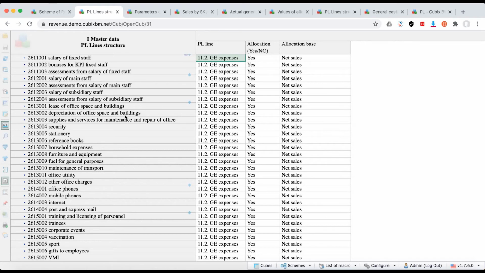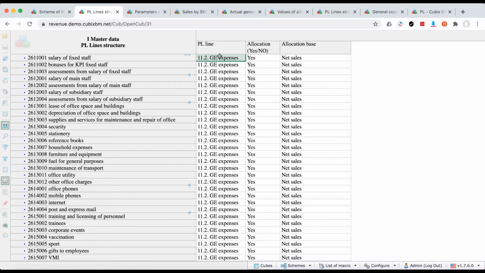One more important adjustment is made in that cube. We match the lines of our directory of expenses with accounts of profit and loss statement.